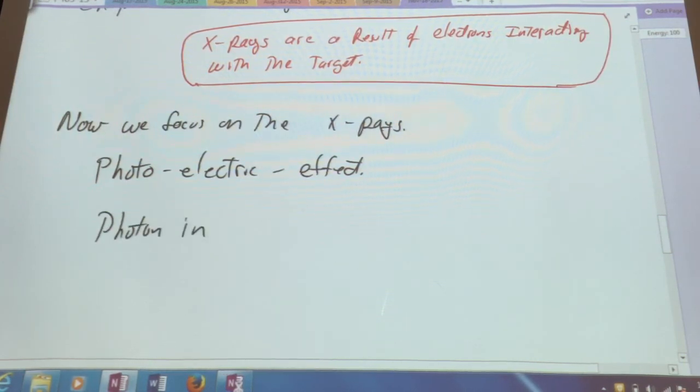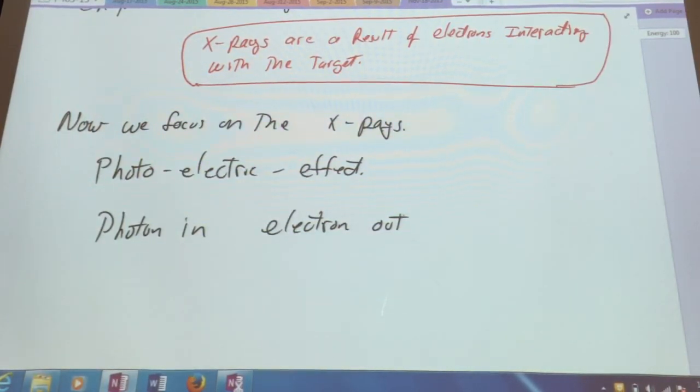Think of it this way: photon in, electron out, photoelectric effect. It's kind of the opposite of what we do with the electron and the target. In the target, we hit the target with the electron and a photon comes out, kind of. In this case, a photon is going to hit something and an electron is going to pop out.